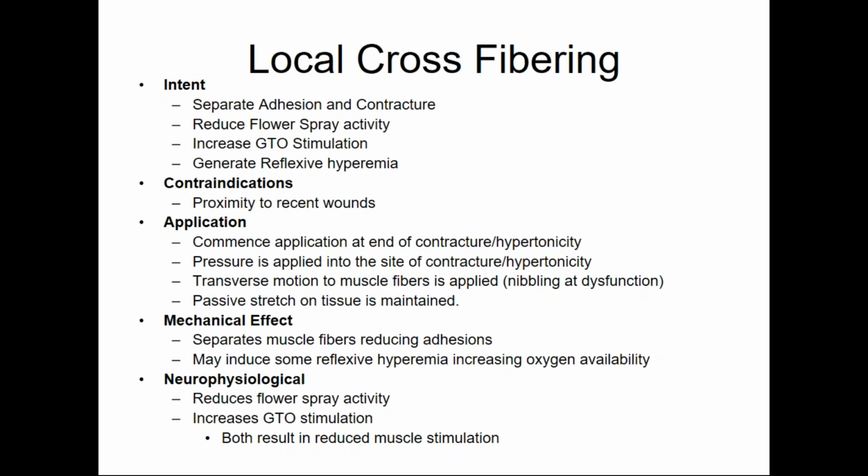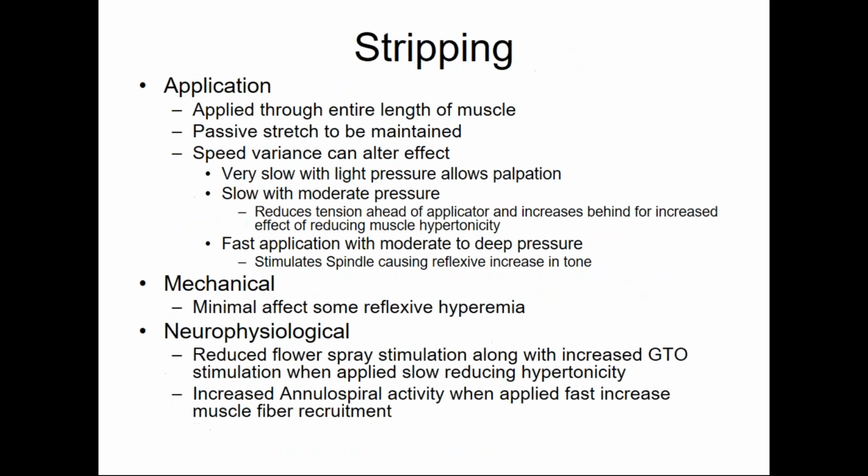Reflexive hyperemia just means you're removing the blood from the area through pressure, and when you release the pressure, you will see the blood flush back into the area. This is referred to as general reflexive hyperemia. Also, reflexive hyperemia can be a result of microtrauma to the tissues, which causes vasodilation, resulting in increased blood flow. So that's local cross-fibering.